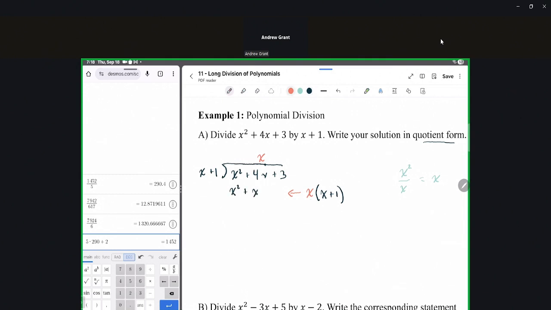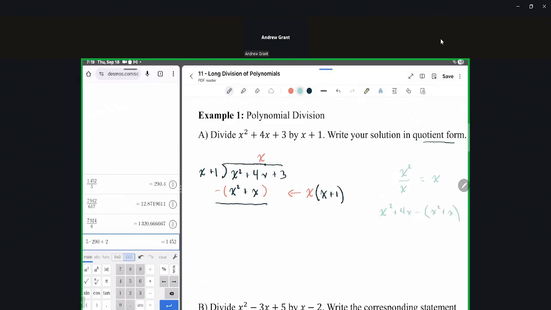Okay, now I mentioned that we subtract, right? Because we still have to do that. And so we want to subtract the quantity x squared plus x from x squared plus 4x. For notation purposes, I like putting brackets around the thing that I'm minusing just to emphasize that I'm minusing off this quantity. So what we're trying to resolve here is x squared plus 4x minus, in brackets, x squared plus x.